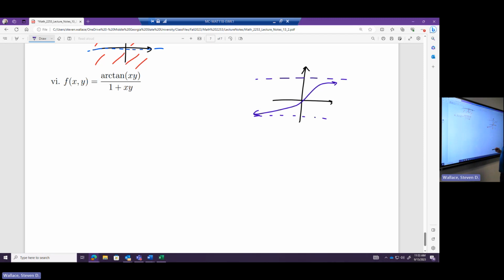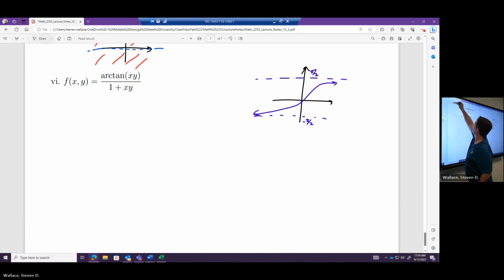It's continuous everywhere, right? The range only goes from negative pi over 2 to pi over 2. So the arctangent's not a problem. The only issue is the denominator.